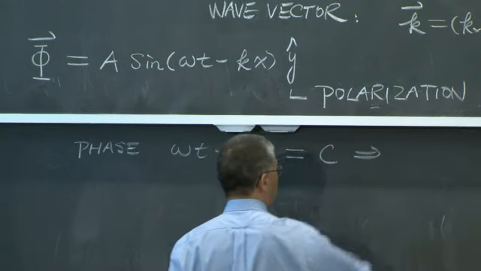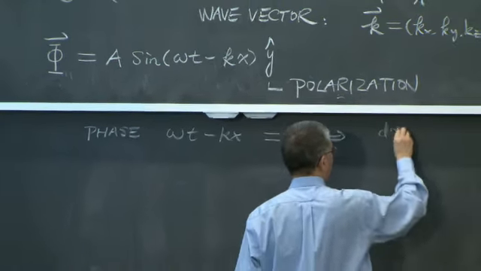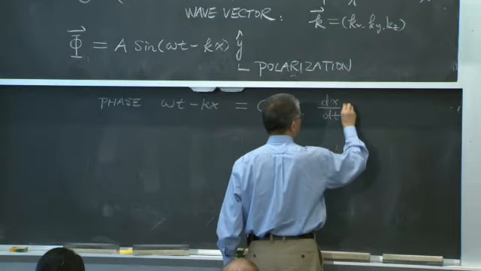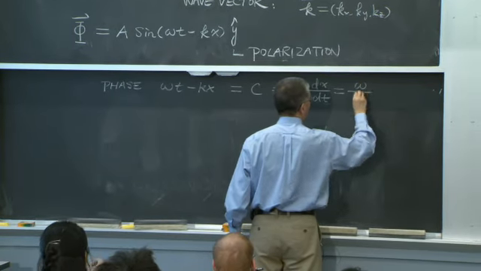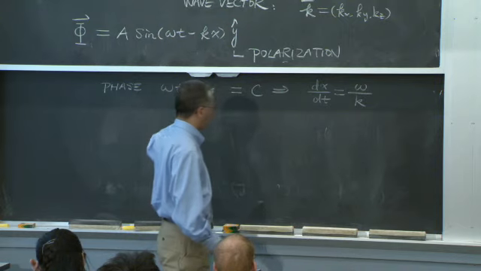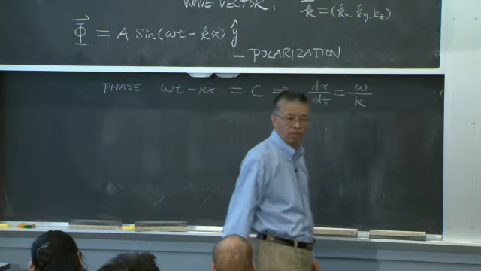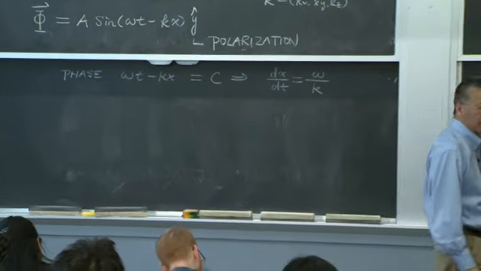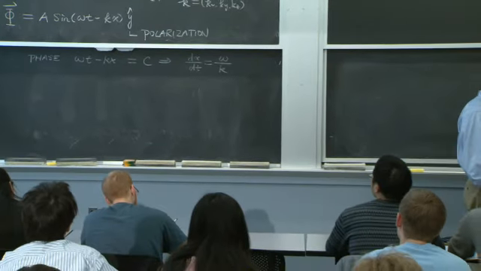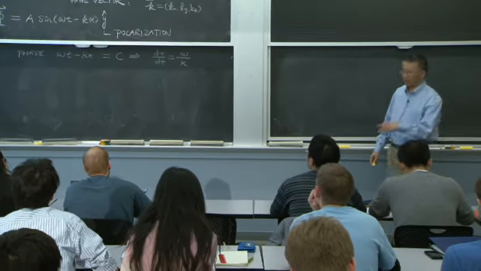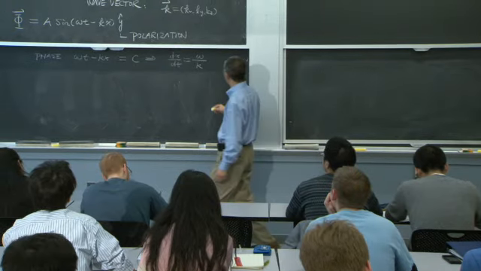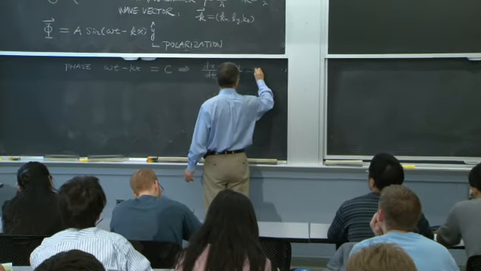You can see this plane is moving at dx/dt equals omega over k; take a derivative. So that's the velocity of the constant phase. This is called the phase velocity.